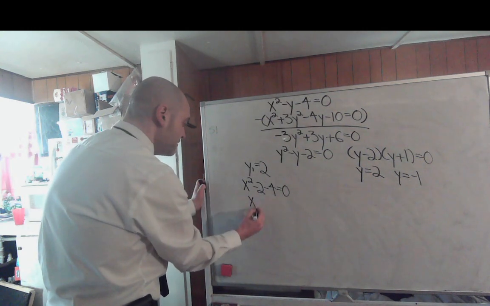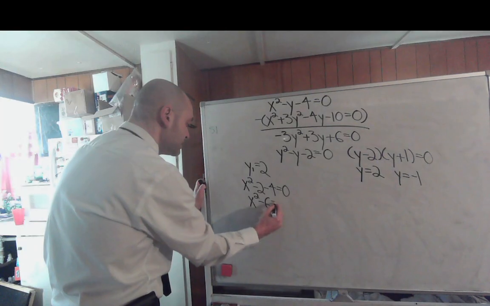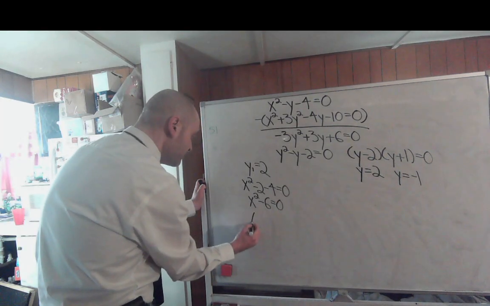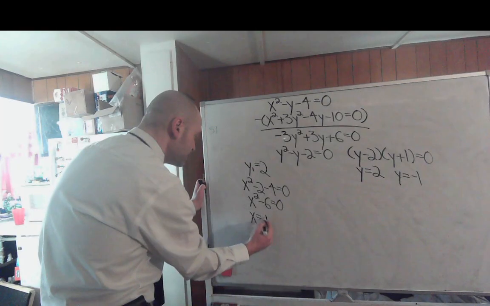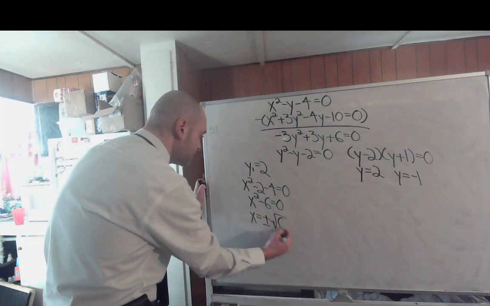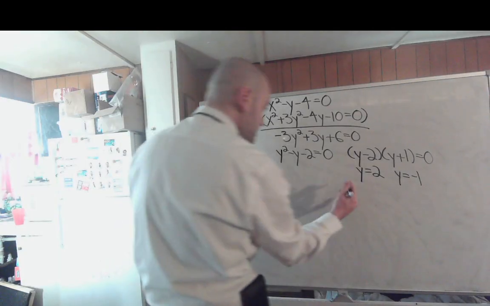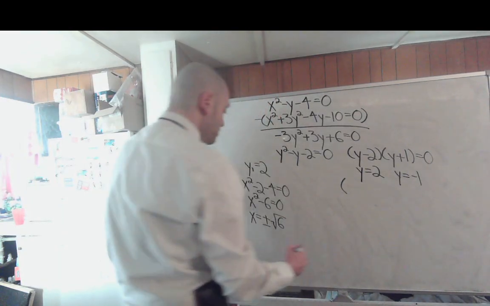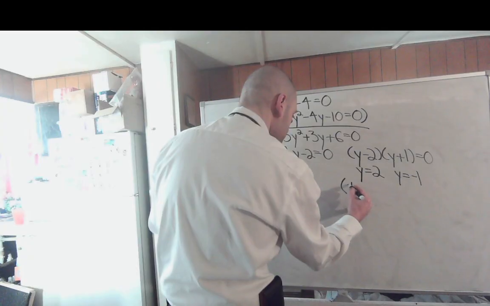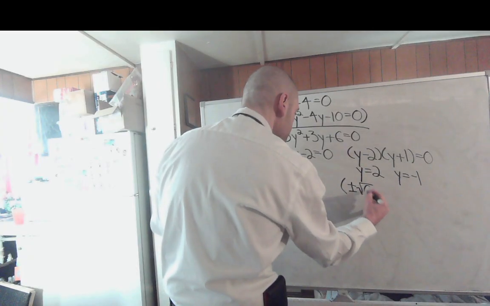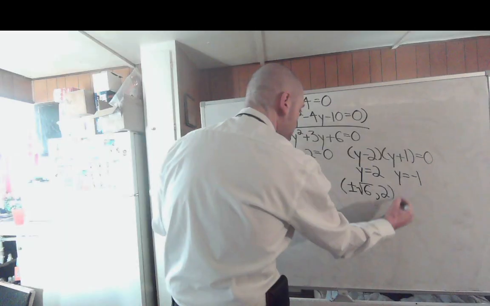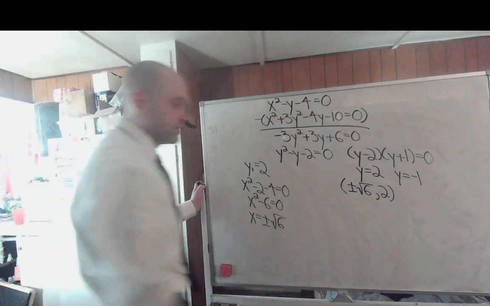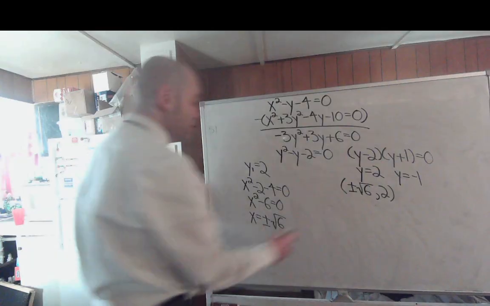So that's going to give you x squared minus 6 equals 0, which would give you x equals plus and minus the square root of 6. So when y is 2, you'll have two x coordinates of plus and minus the square root of 6, and then your y will be 2 on both of those. So there's 2 points of intersection.